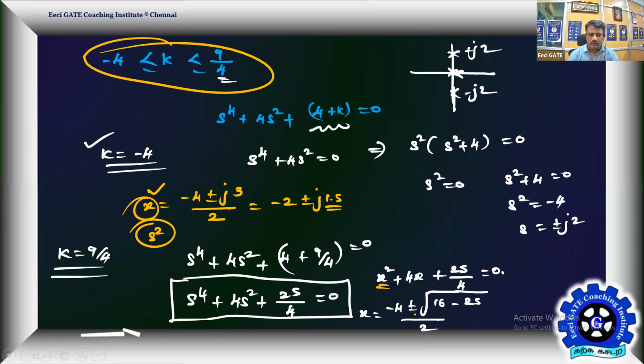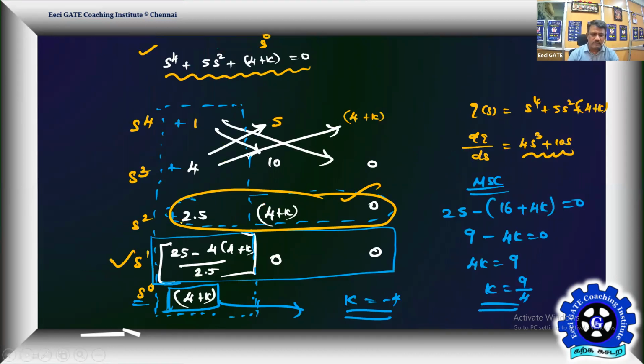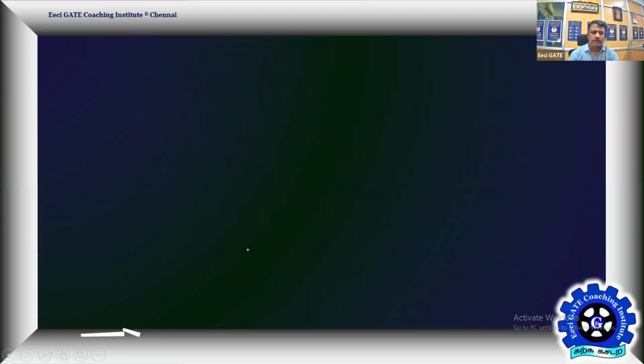Minus 4 plus or minus root 16 minus 4ac, that's fine, divided by 2. Correct only. Another way is this. So when k is equal to 9 by 4, what is the equation?